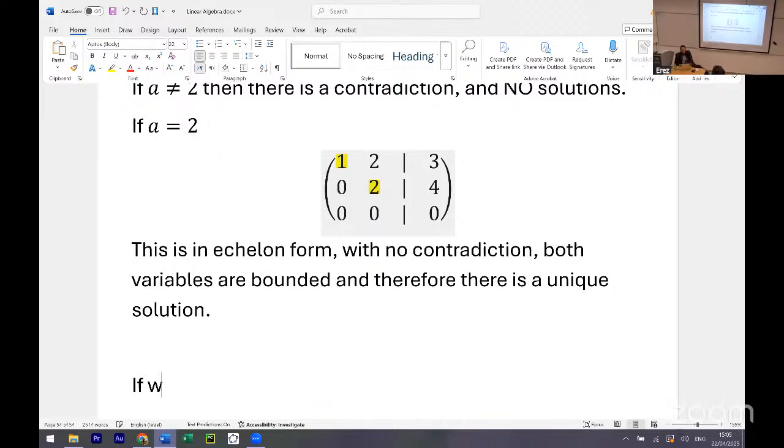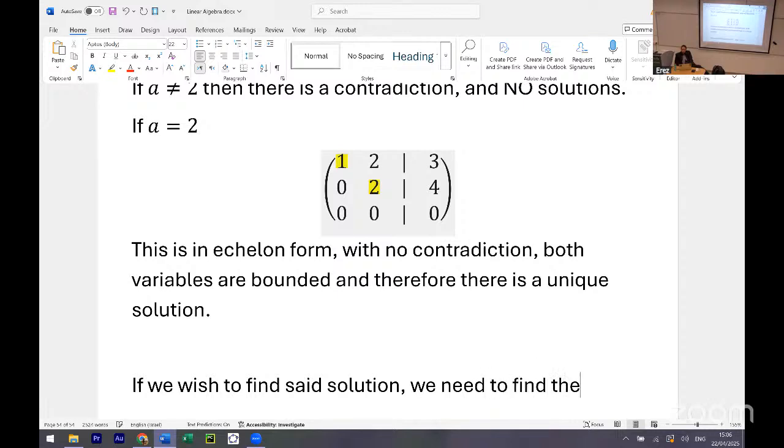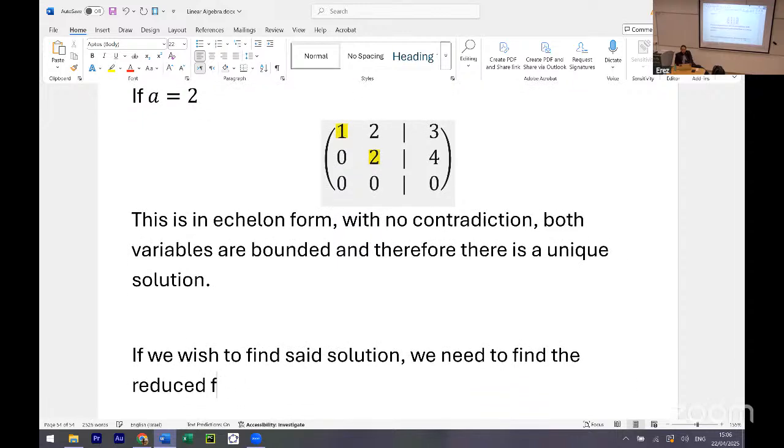If we wish to find the solution, what do we need to do? Go to the reduced form, right? The echelon form tells us how many solutions there are. The reduced form tells us what the solutions are. So we'll continue and go to the reduced form in this case.